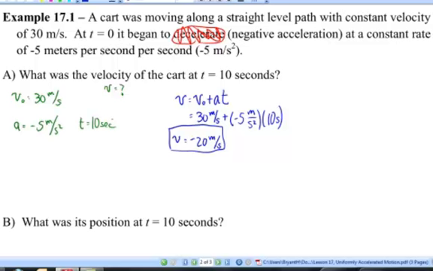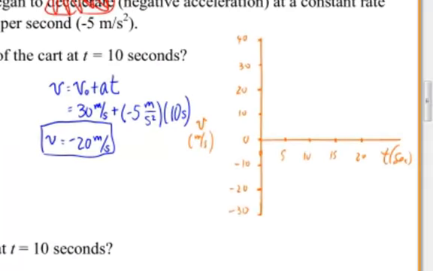Let me pause here for a moment to say that if I wanted to, I could graph this equation. I could let t be my horizontal variable, v be my vertical variable, and I have the slope of a line of negative 5 meters per second squared, and I could actually graph this. And here's what it would look like. Alright, so here's a set of axes. My initial velocity is plus 30 meters per second.